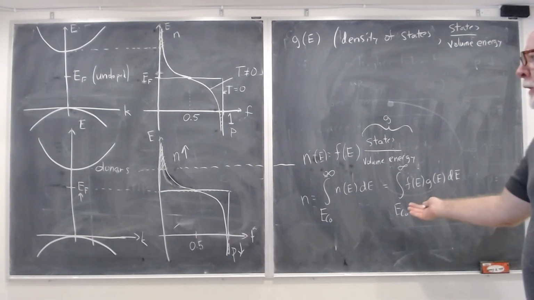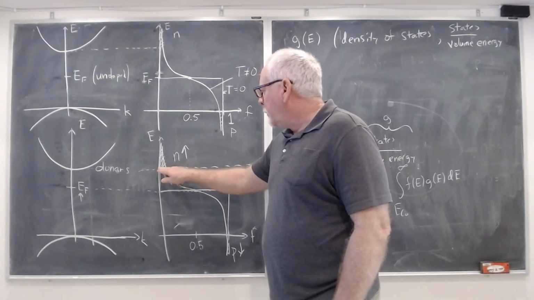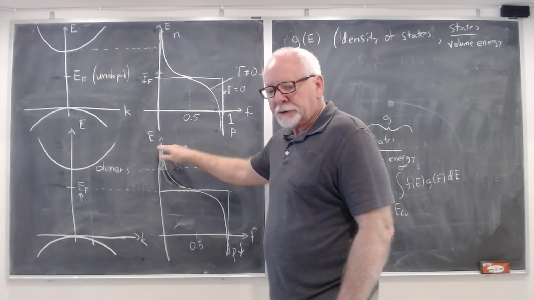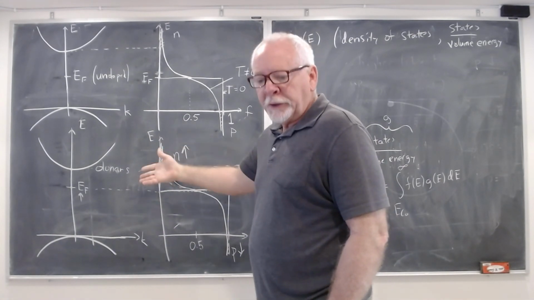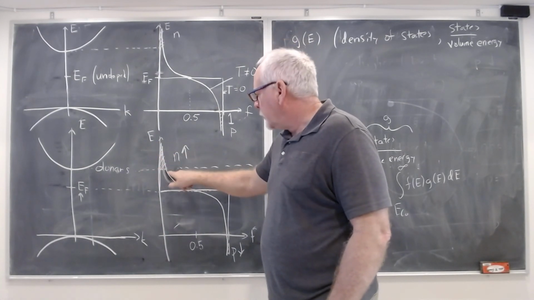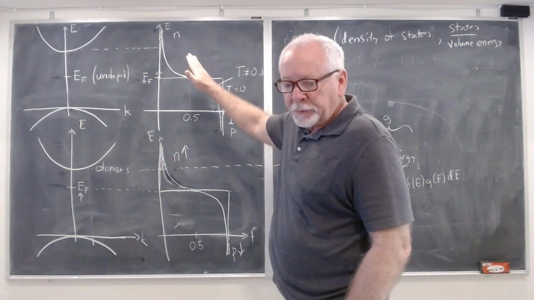Now, all we're saying here is that we're going to figure out what N is by integrating, for every energy position, the density of electrons at that energy. And that depends on two things. That depends on F, which is obviously going down as I go up in energy.